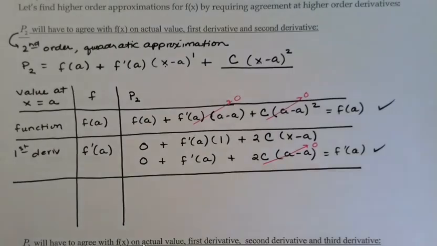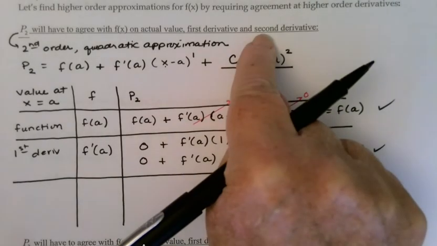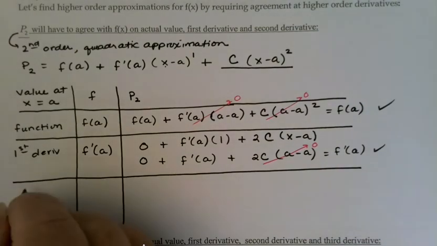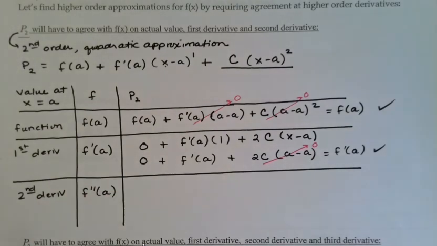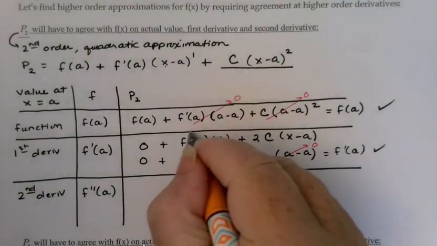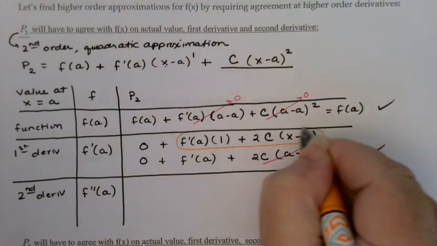All right, here's the key. This is the new part, right? We now want to force this to have agreement at the level of the second derivative, which would be f double prime of a. So what I'm going to do is look here at this, which was really my first derivative right here.